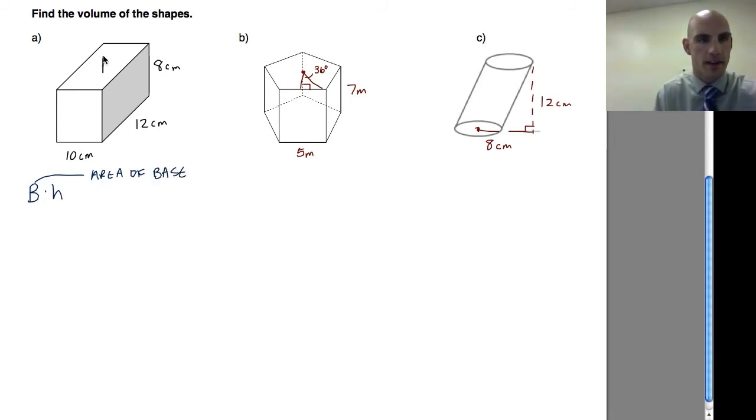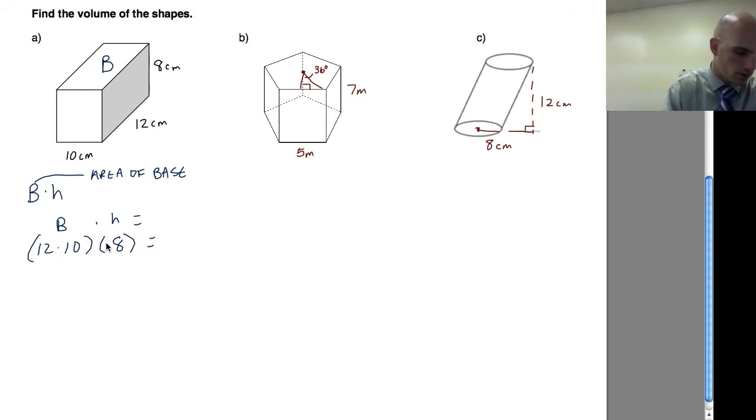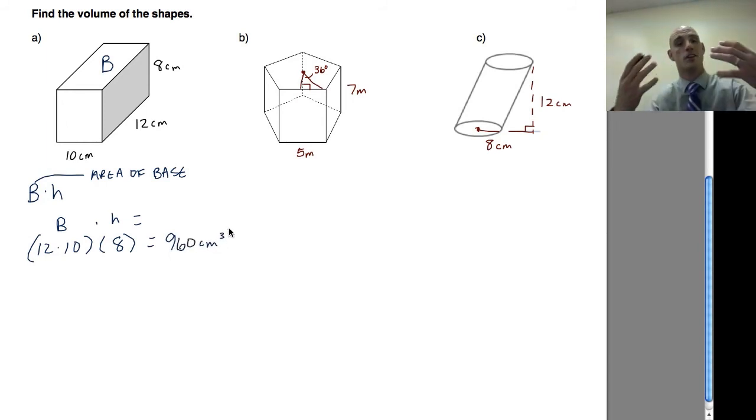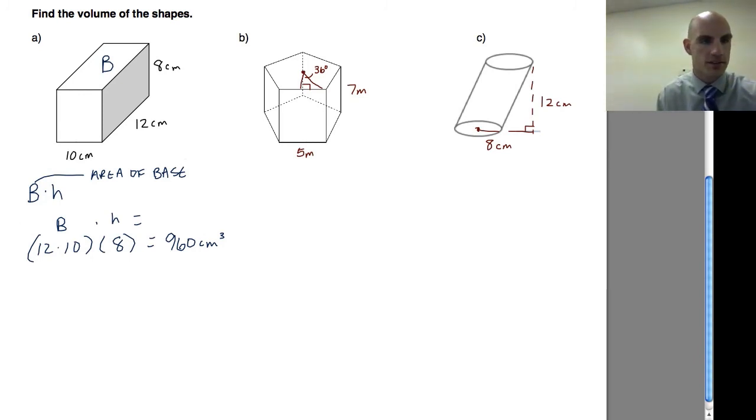So if I make this the base, that's going to be 10 times 12 base times the height, which is equal to 12 times 10 times 8, which is going to give me 120 times 8 is equal to 960 centimeters cubed, and volume is going to be in cubed units.